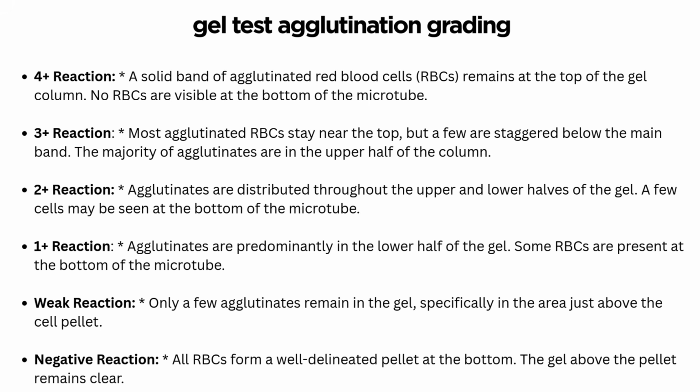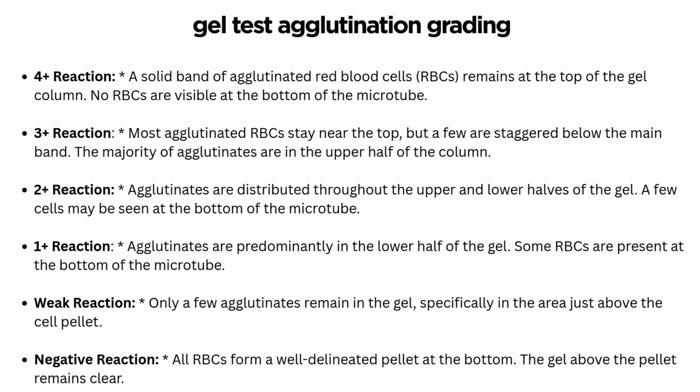Now, 2 plus reaction shows agglutinates distributed throughout the upper and lower halves of the gel, with a few cells making it to the bottom. While in a 1 plus reaction, the agglutinates are mainly found in the lower half of the gel, and some RBCs can be seen at the bottom, so this indicates a weaker agglutination.